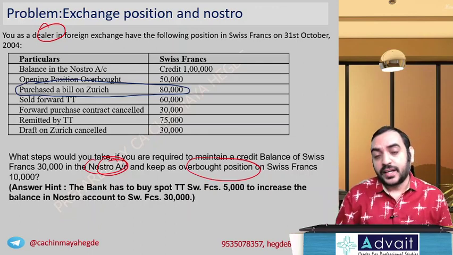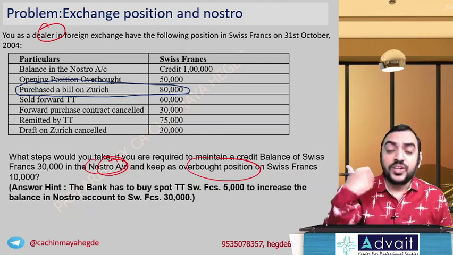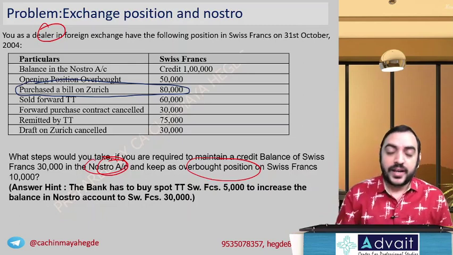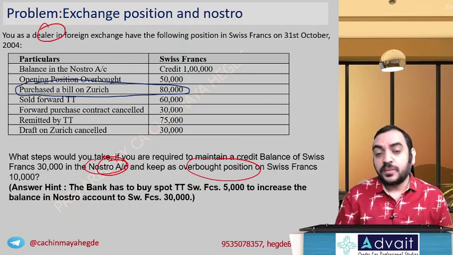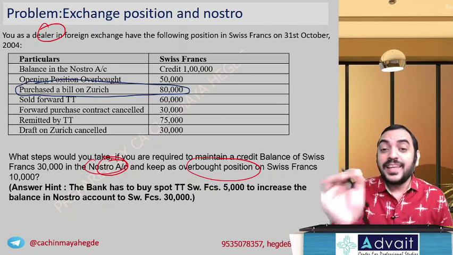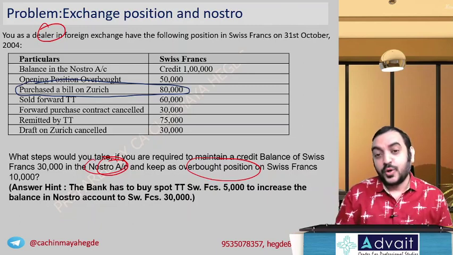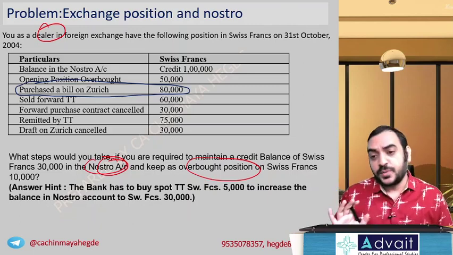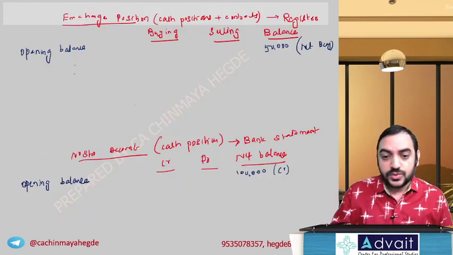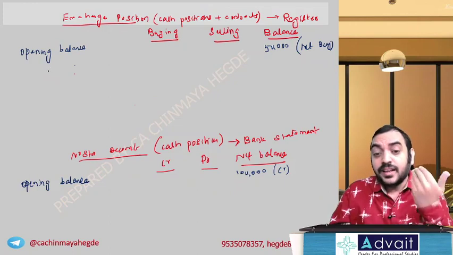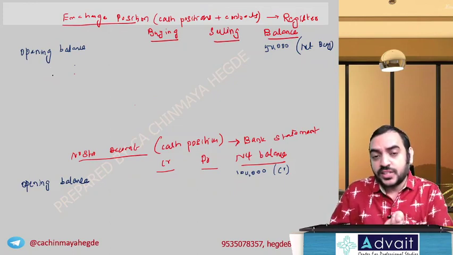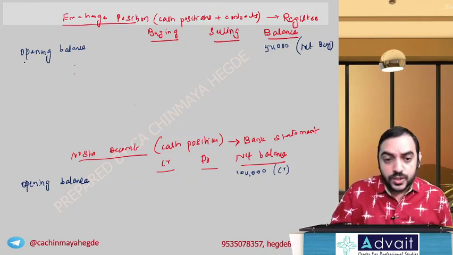Purchased a contract. It's like you entered into a forward buy contract, and a forward buy contract comes only in the exchange position, not in the nostro account. So purchase the bill is a contract, not a cash transaction. It will not come in the nostro account.